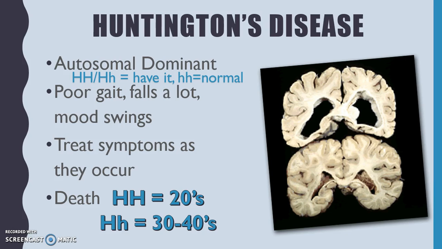If you are heterozygous, you will have Huntington's disease because it's a dominant trait and you inherited a dominant allele. You will begin expressing those symptoms in your 30s or your 40s, and you will die within that period as well. If you are 50 years or older and have not been diagnosed with these symptoms, then you would be homozygous recessive and you would not die from Huntington's disease.